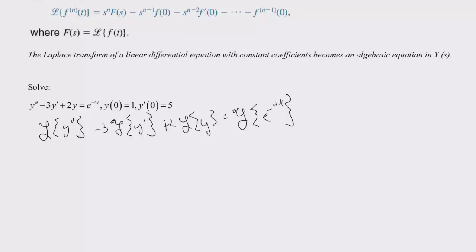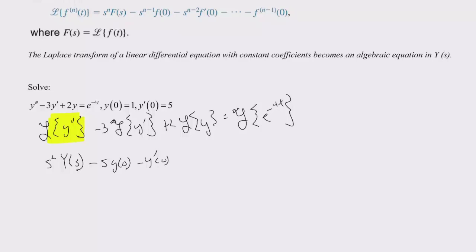So this one term right here is going to become s squared, then y of s, minus s y of 0, minus y prime of 0, and that's it.